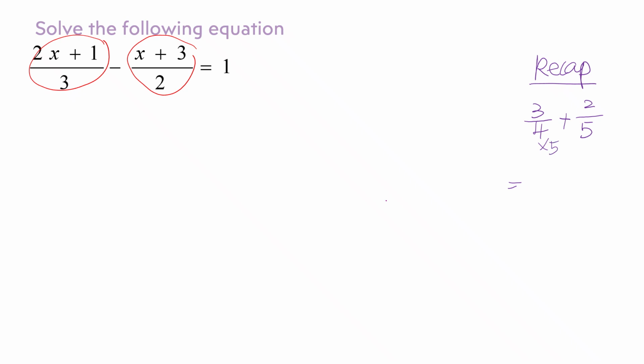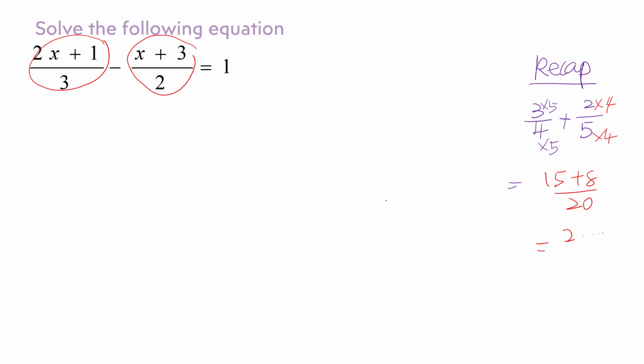So multiply by 5 in the numerator and denominator for the first, and for the other one, multiply by 4, and then you end up getting 15 plus 8 over 20.